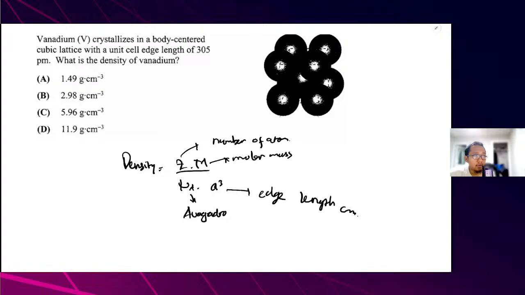Step 1, vanadium, body-centered cubic lattice. So Z is 2 atoms per unit cell. As you can see, there are 2 atoms over here, so it will be only 2.